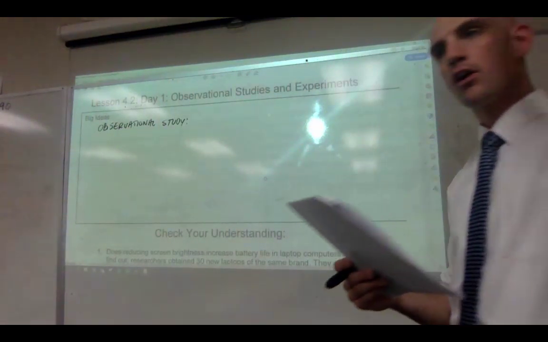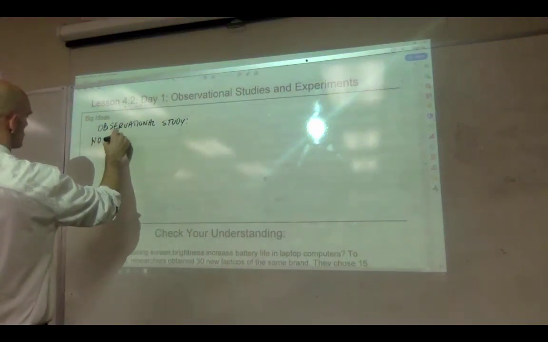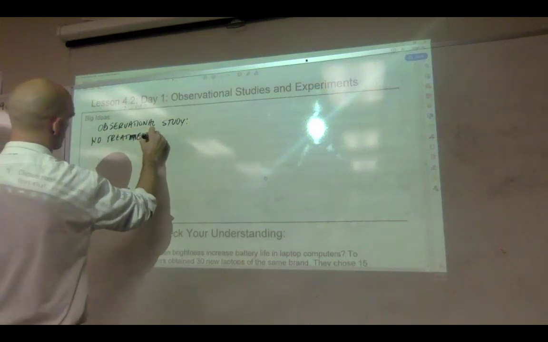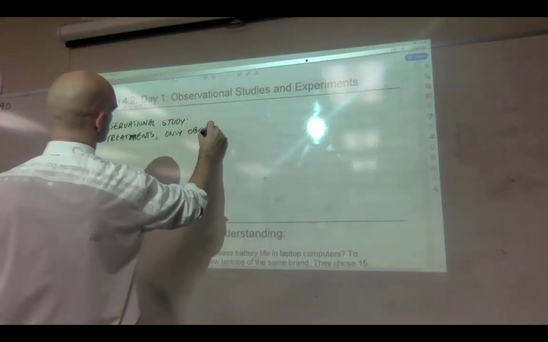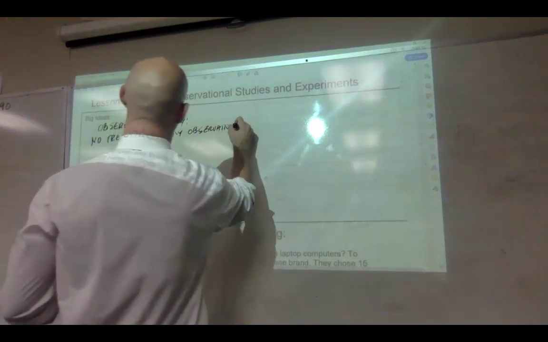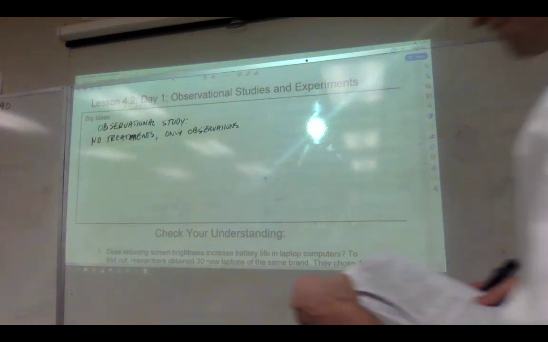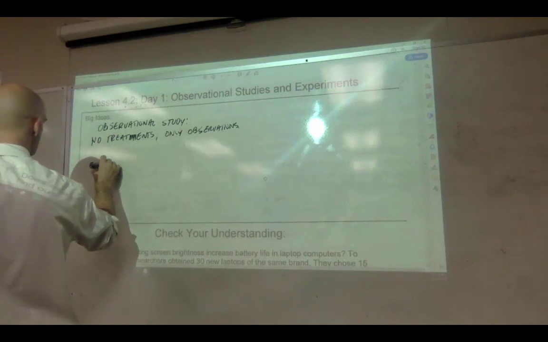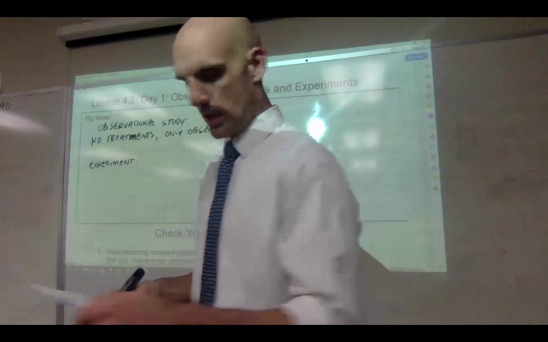We are only observing, so there are no treatments, only observations. There's no one group doing this and another group doing that. In an experiment, you're doing something to people, and these are called treatments.